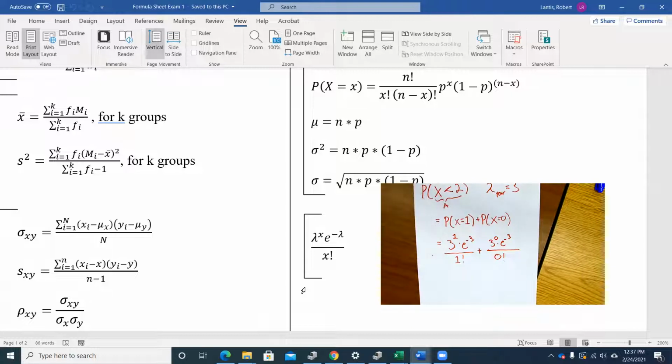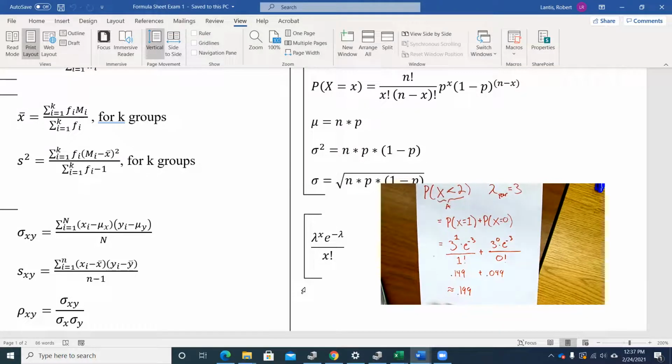Working this out, we've got 3 times e to the negative 3, which is about 0.149, and then e to the negative 3, 0.049. So we're talking approximately 0.199 if we round to the third decimal.